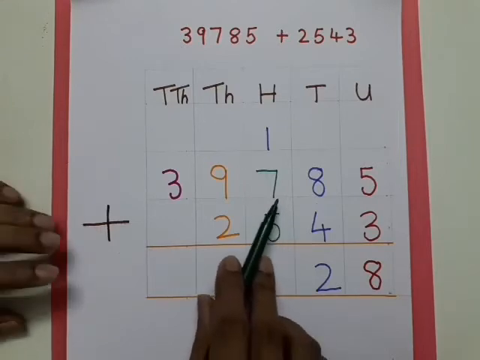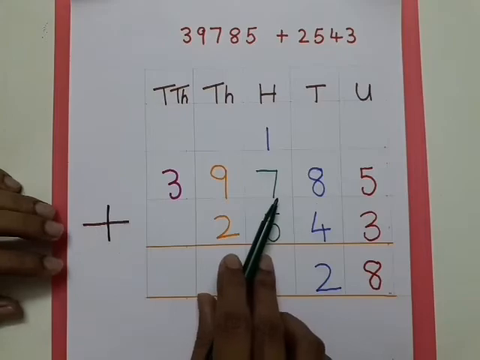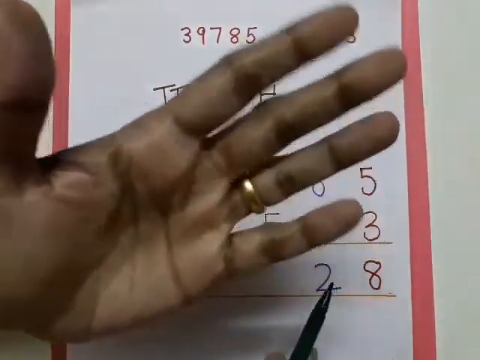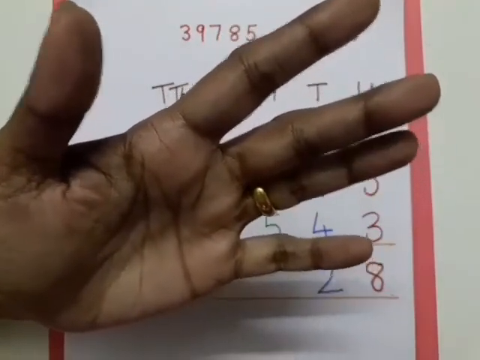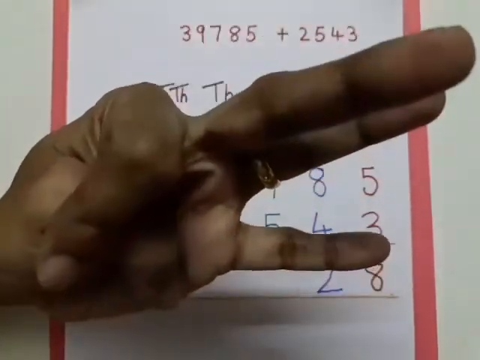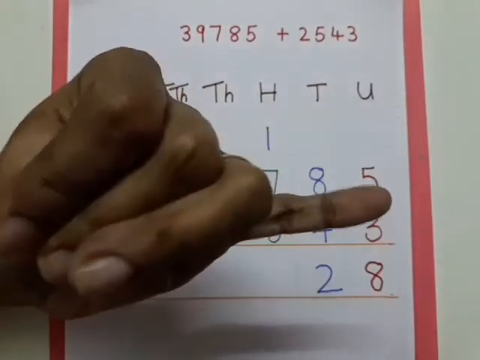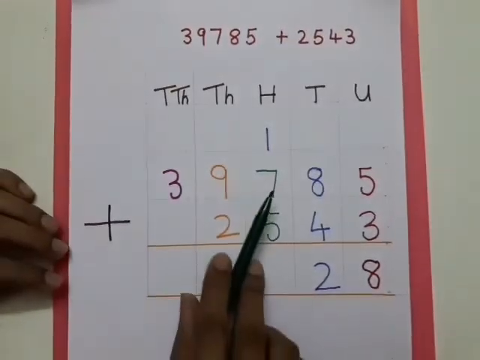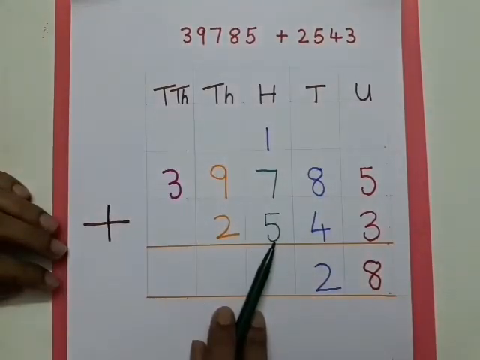Come on children. Now 7 is in your mind. You are going to count after 7. Now these are my 5 fingers and you are going to count after 7. That is 8, 9, 10, 11, 12. Now you have counted 7 plus 5, 12.